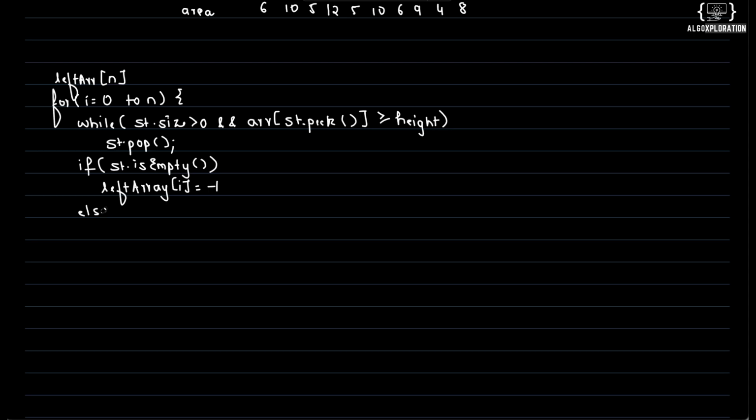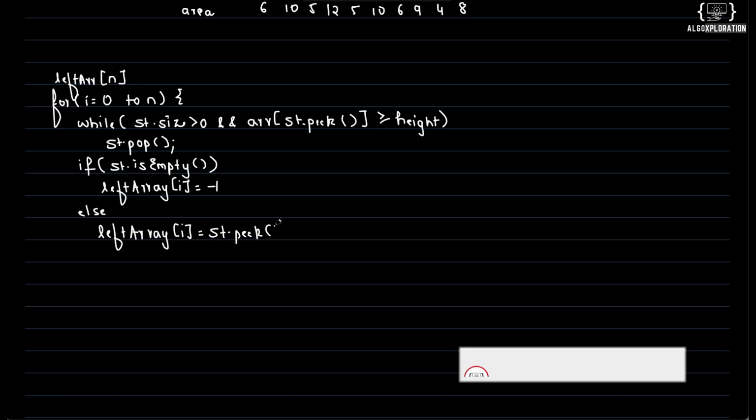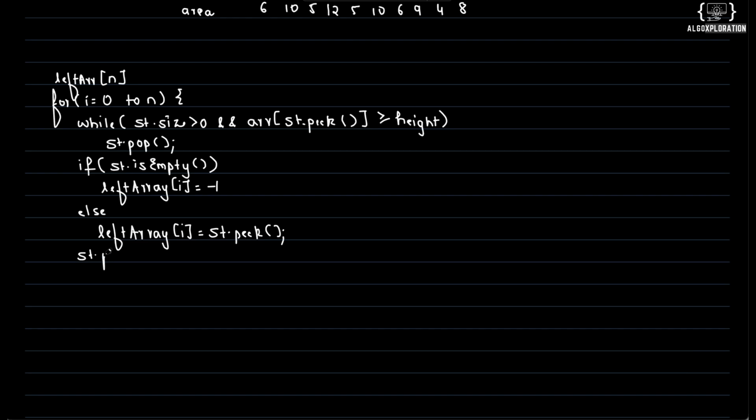Else, if the stack is not empty, then left array of I is equals to stack.peak. And as you know, after every operation, we need to store that index into the stack. So stack.push I. Okay, we are going to store the indexes, not the values, hence I. So this is for the left array.